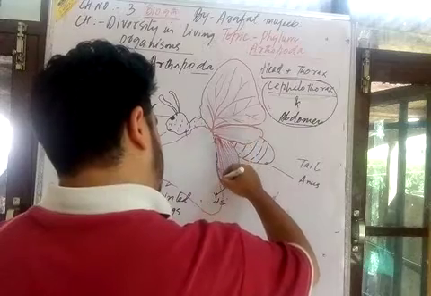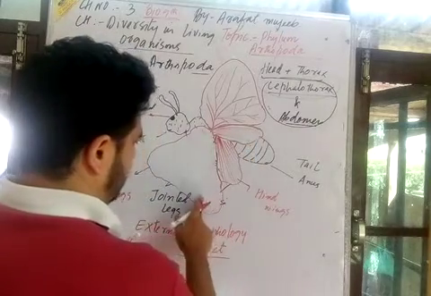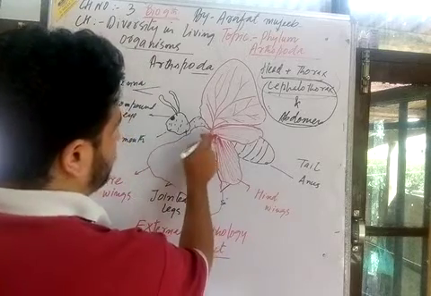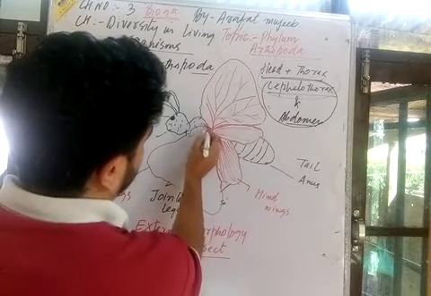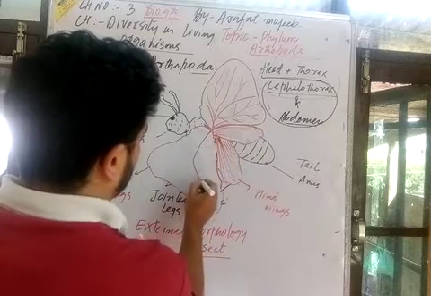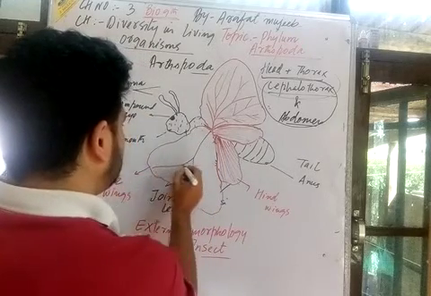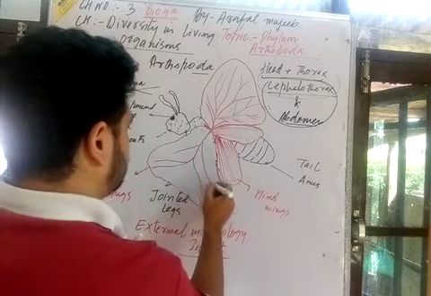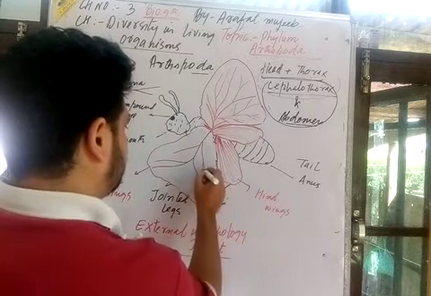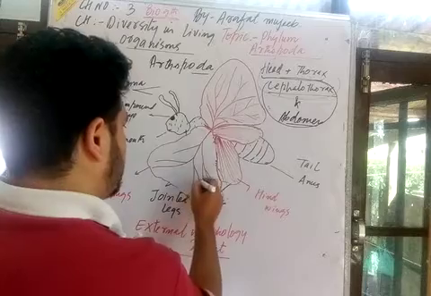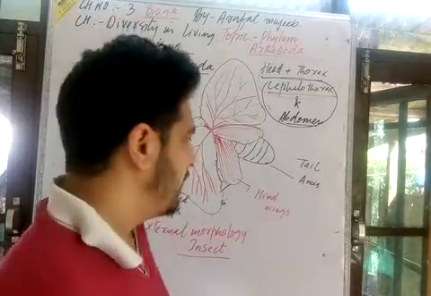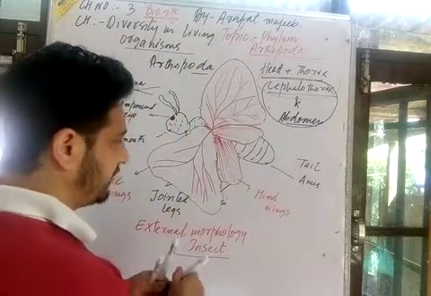It is the forewing here. It is the forewing associated with this insect. The wings are made up of the chitinous substance.